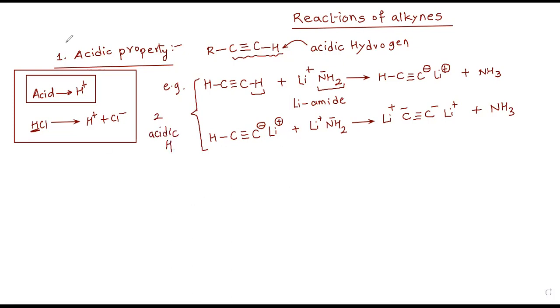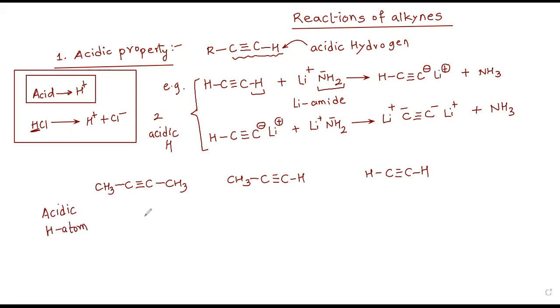They can give you different examples to check how many acidic hydrogens are present. For example, if I write this alkyne, and this alkyne, and this alkyne, how many acidic hydrogen atoms can we see in each?